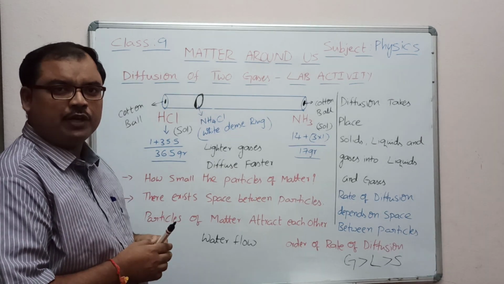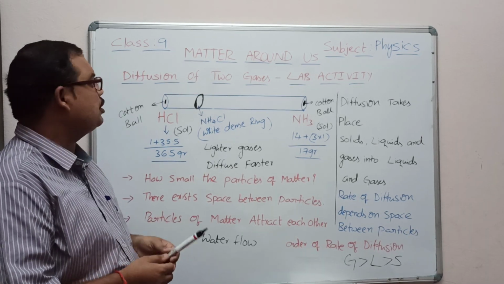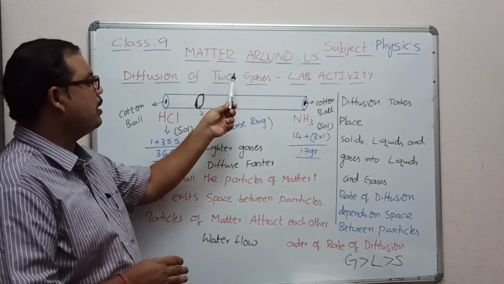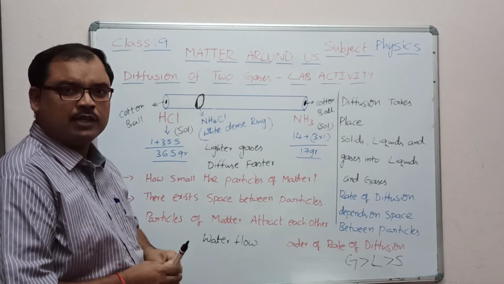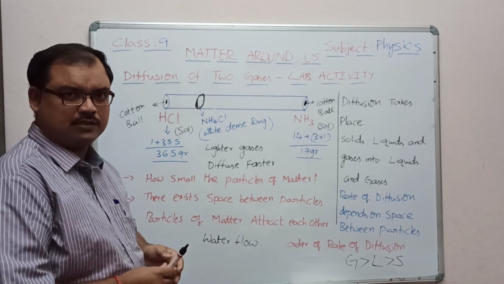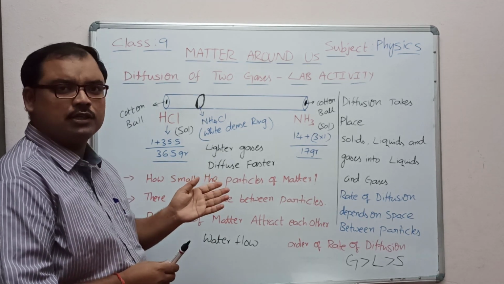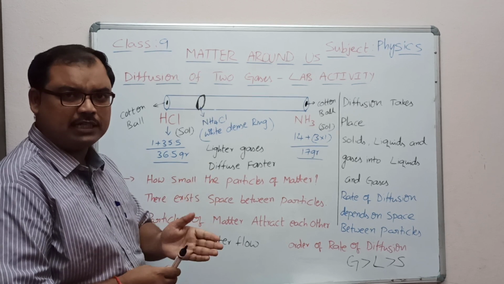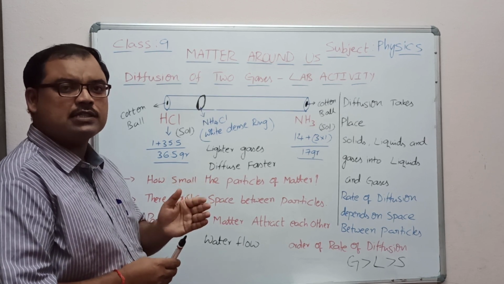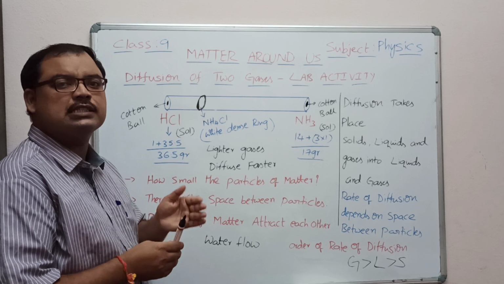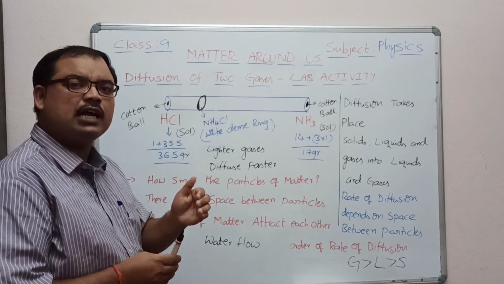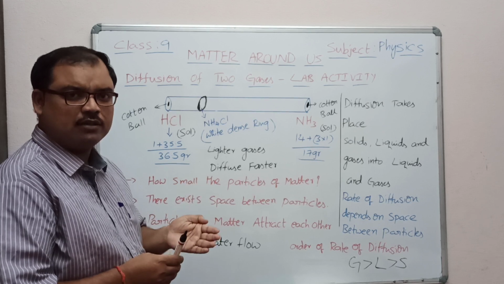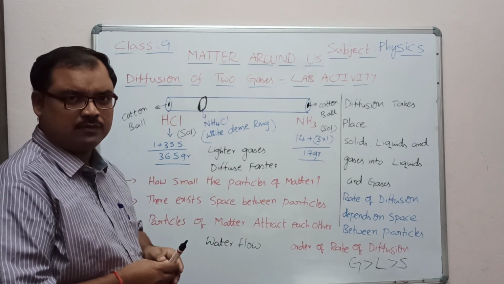Now we are in the last session about our 9th class physical science first lesson, matter around us. In the last two sessions it was about what is matter, what are the states of matter, how matter changes its shape, and other characteristics like volume and pressure.